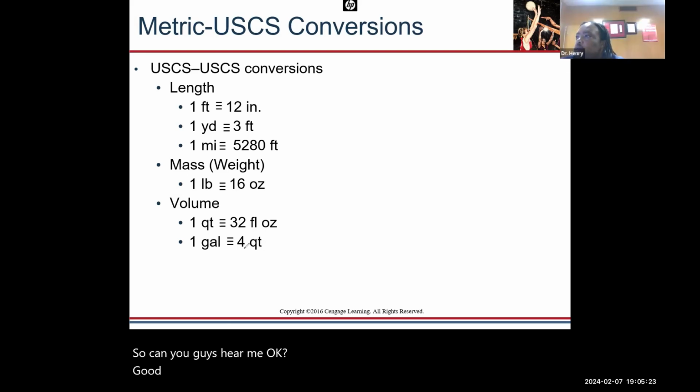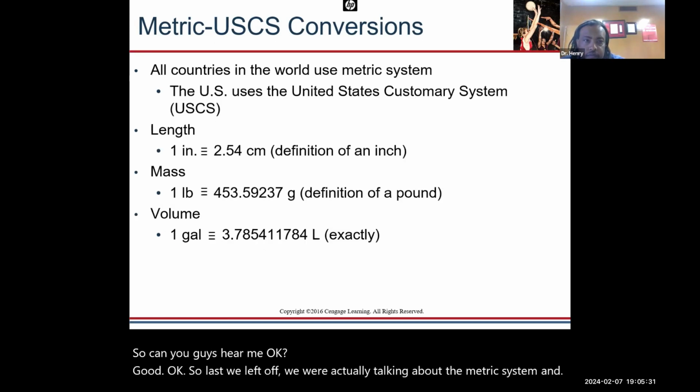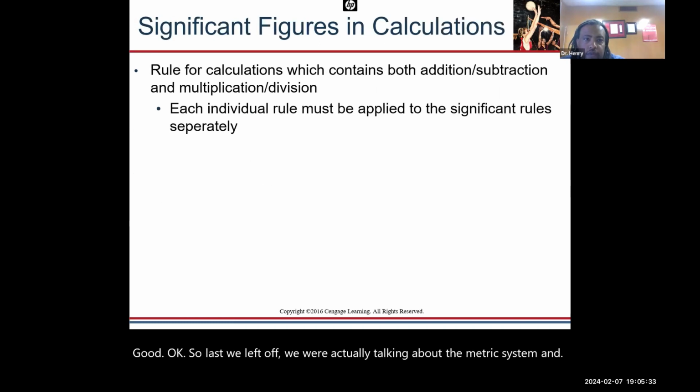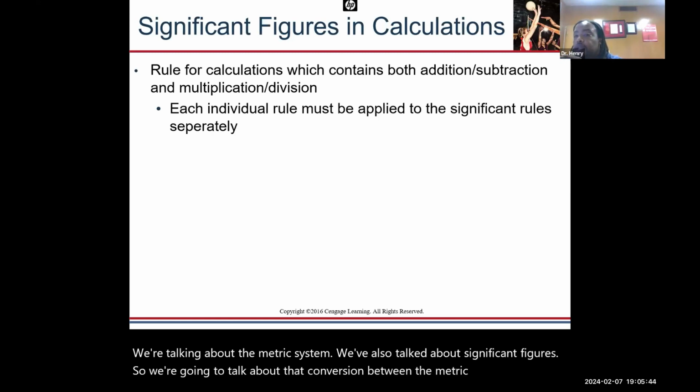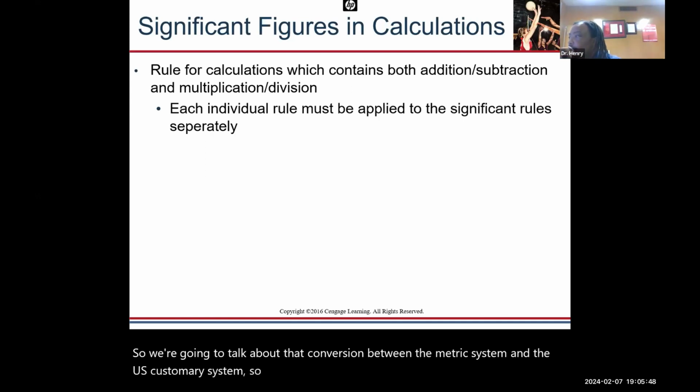Okay, so last we left off, we were talking about the metric system. We've also talked about significant figures. So we're going to talk about the conversion between the metric system and the U.S. customary system.